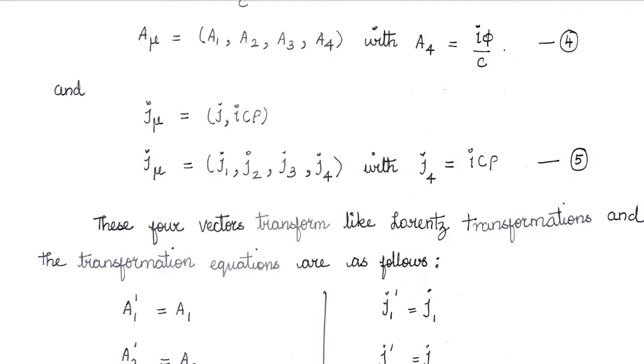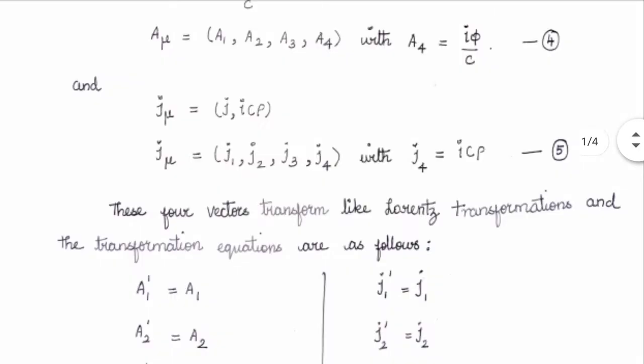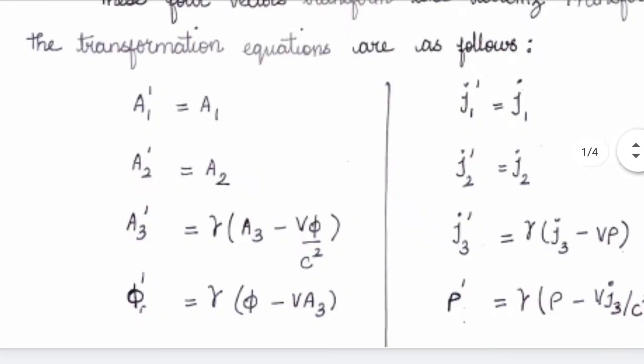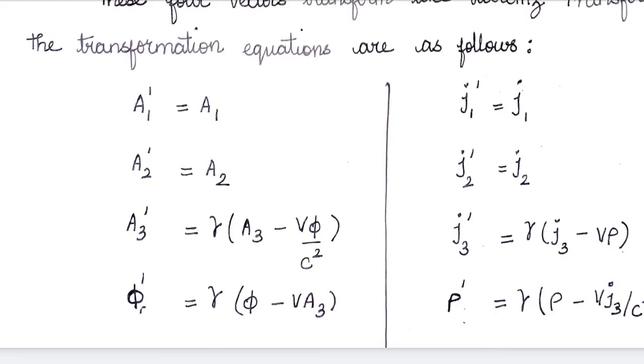Now let us write the transformation equations connecting the two inertial systems. These four vectors transform like the Lorentz transformation, and the transformation equations are given by A1 prime is equal to A1, A2 prime is equal to A2, and A3 prime is equal to gamma into A3 minus V phi by c square, and phi prime is equal to gamma into phi minus V A3.